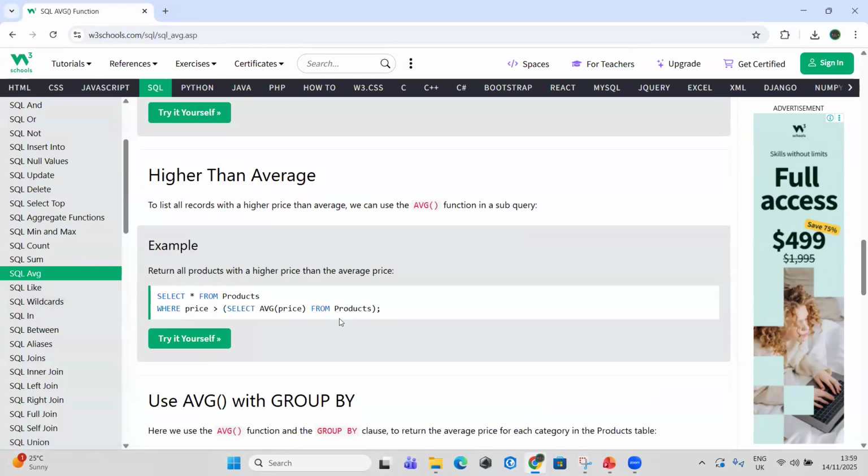Then you have a little complex one. So can you explain to me what this means here? Select average price for products. So it will first calculate the average price from a column named price.